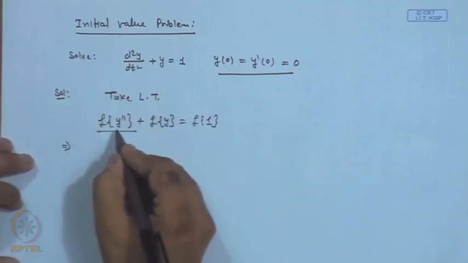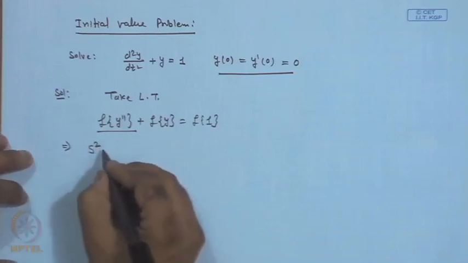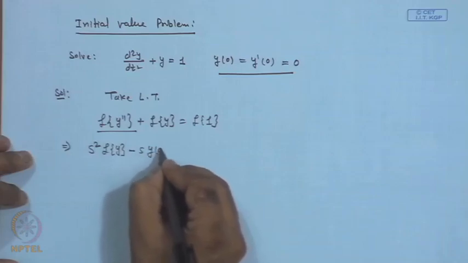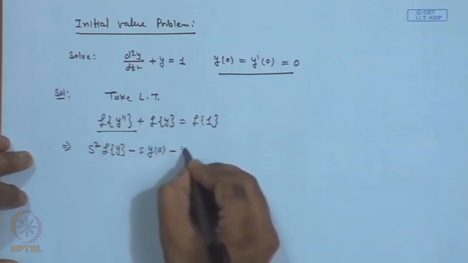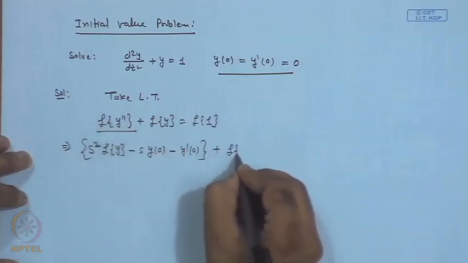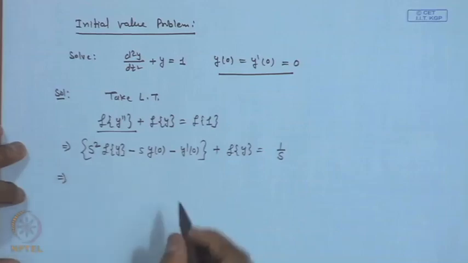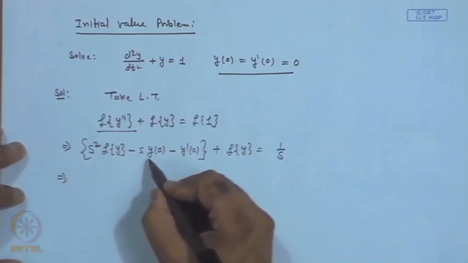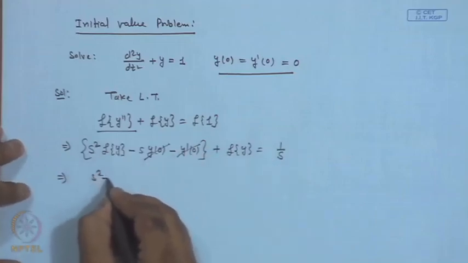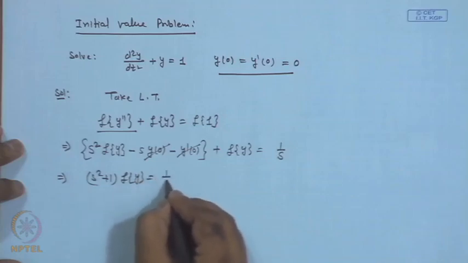If we apply the derivative theorem, we have s square Laplace of y minus s y(0) minus y prime(0), that is the derivative theorem for this, and then we have Laplace of y and we have Laplace of 1, that is 1 over s. So, here this term is gone because this is 0 and this is also 0. So, we have simply (s square plus 1) times Laplace of y, and this is equal to 1 over s.